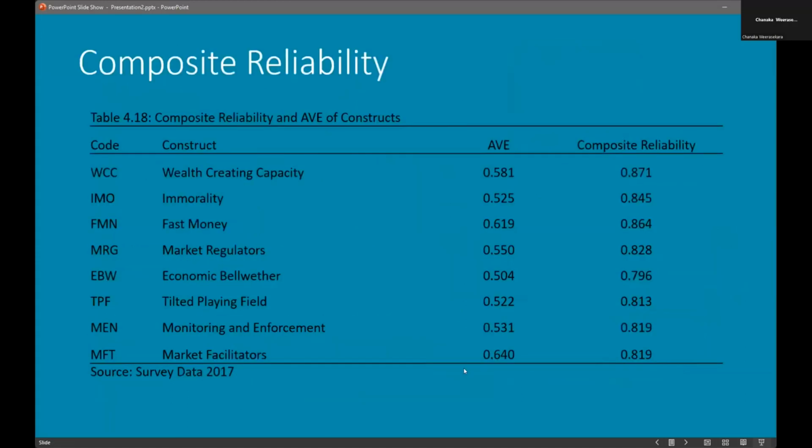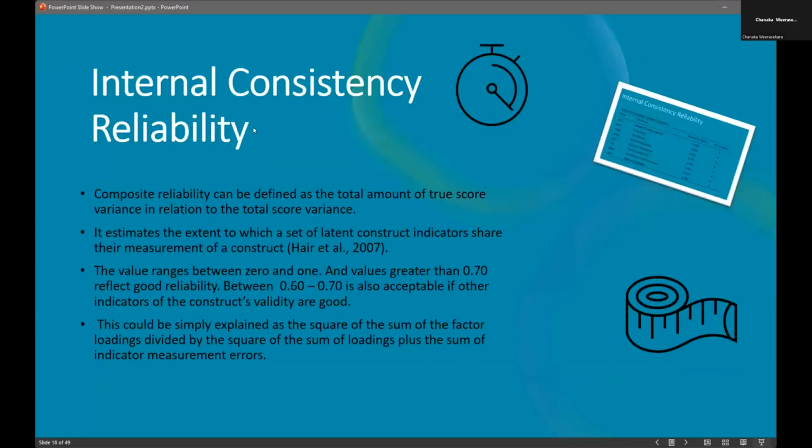Then let me move into the next one, that is internal consistency reliability. But keep in mind, this is something that we require from you. Every one of you should establish this internal consistency reliability. The composite reliability, we defined as the total amount of true score variance.